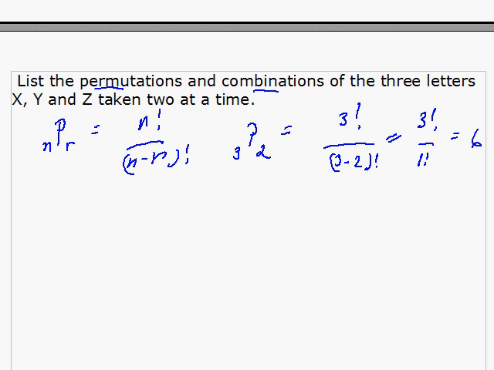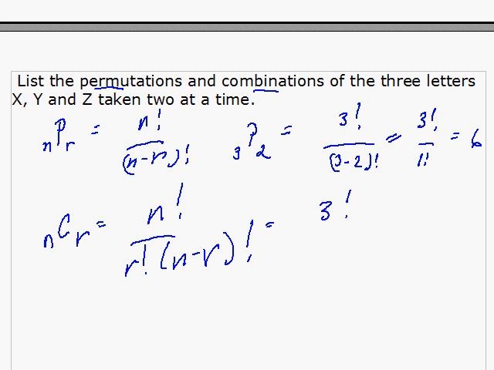Now let's look at the number of combinations. Here's the formula again, n factorial over r factorial times n minus r factorial. So n factorial would be 3 factorial divided by 2 factorial times 3 minus 2 factorial. So I have 3 factorial over 2 factorial times 1 factorial.